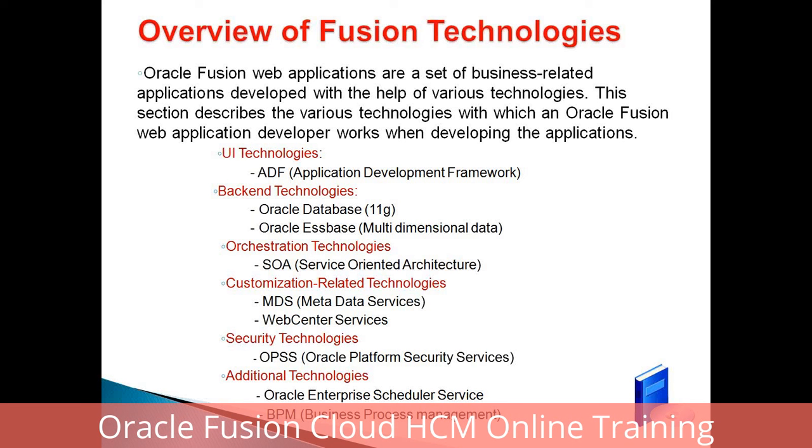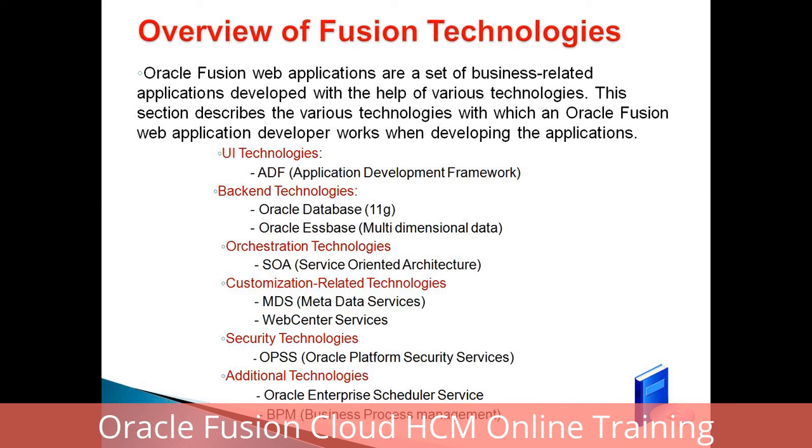Security, Oracle Platform Security Services, and some other technologies like Enterprise Scheduler Service, which is equal to our e-business. We have the requests, right? We'll go to the requests window and we submit the requests. So there is a concurrent manager. Same way here we have an Oracle Enterprise Scheduler Service using which you will be submitting some requests, but the requests are called jobs here, scheduler jobs.